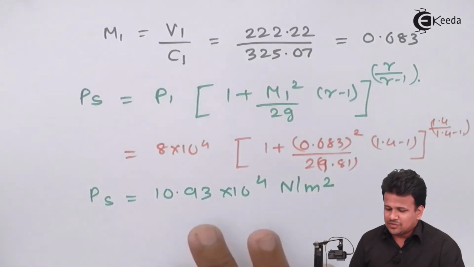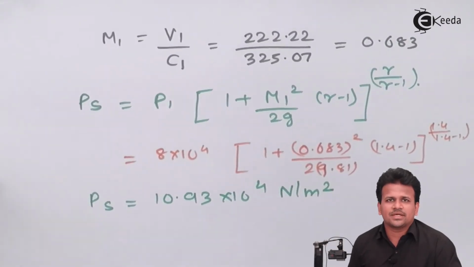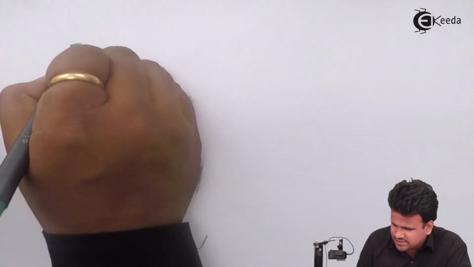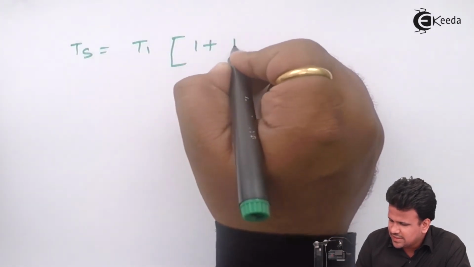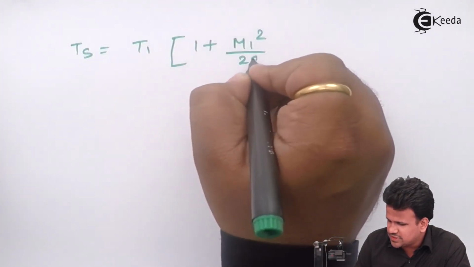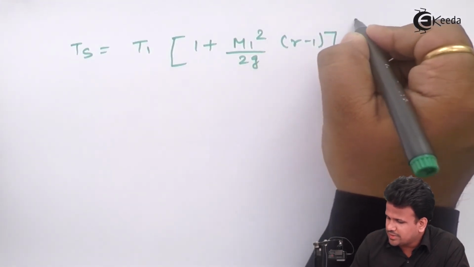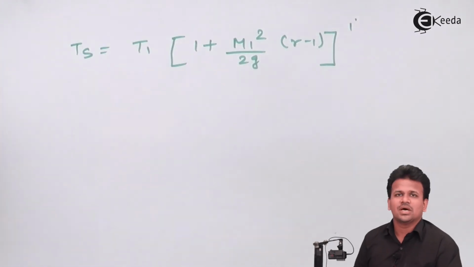Now, to calculate stagnation temperature, we need to substitute all the things in the stagnation temperature formula. We know that Ts is equal to T1 into 1 plus M1 square by 2g into gamma minus 1, raised to 1. The entire power part will be 1 since the power is 1.